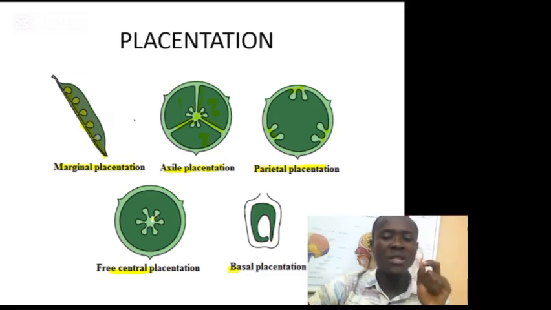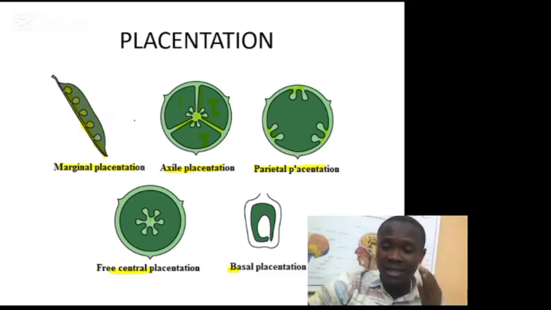So in this case, we just have the central axis, and on this central axis, we have the ovules that are attached to it. So in this case, it just has one locule, like this one here. No septa dividing it into locules. We just have one. So in free central placentation, we have one locule, and you can see the central axis on which the ovules are attached to it.